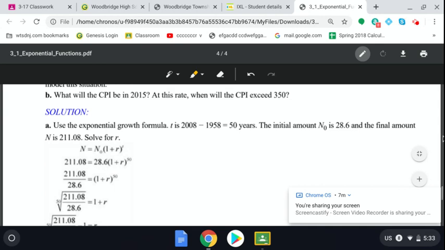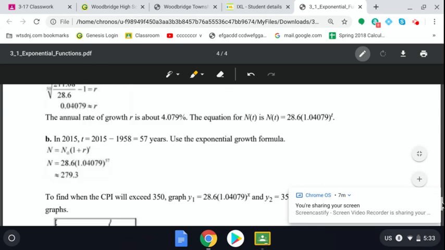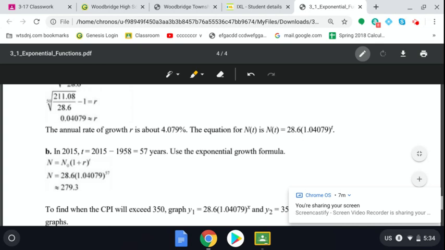That's going to give you the rate. And once you have the rate, you can substitute in the formula, which is going to look like this right here. And once you have that formula, you can calculate the value for any amount, essentially. Okay? I hope this helps.